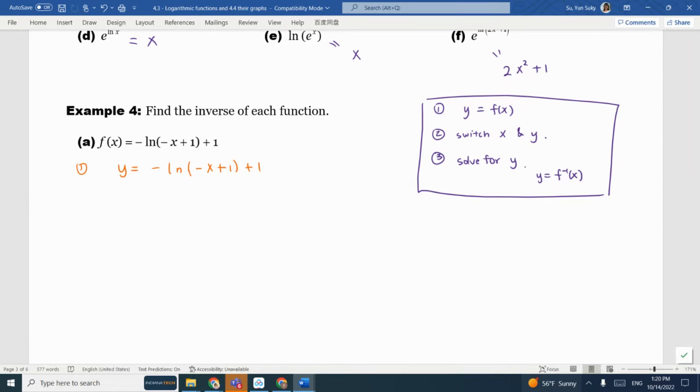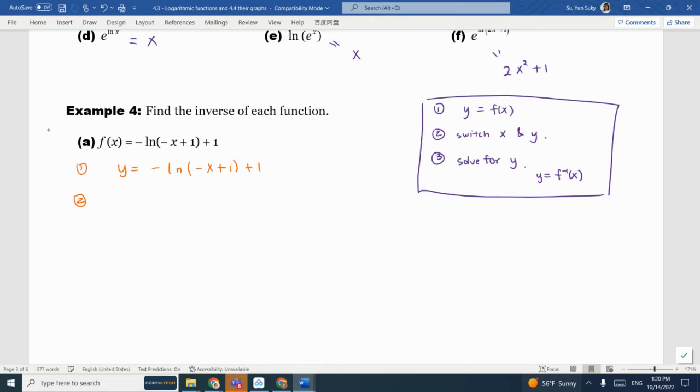No, we cannot, because this is inside the ln. This is the ln of that number. It's not ln times that number or ln add those numbers. So if this one is inside the parentheses of ln, we cannot add this one together. So be careful.